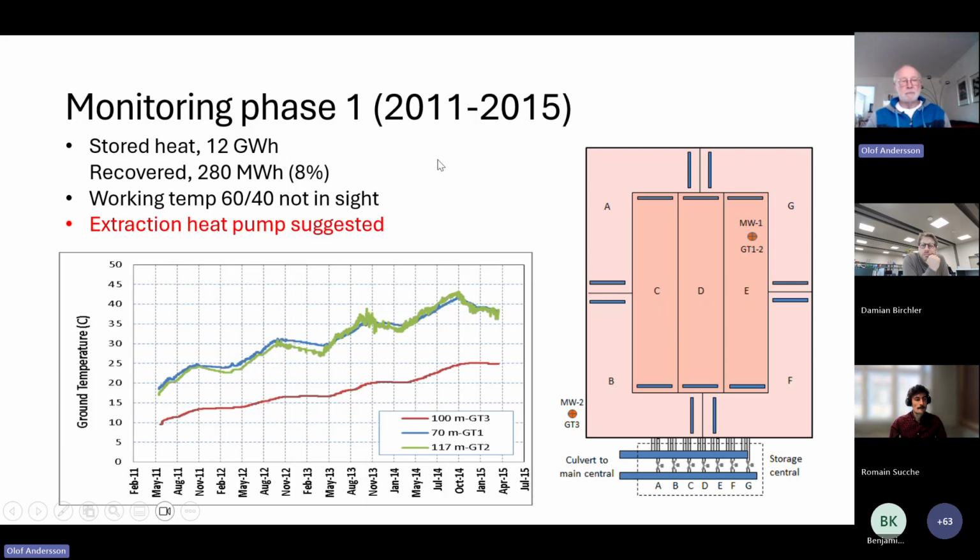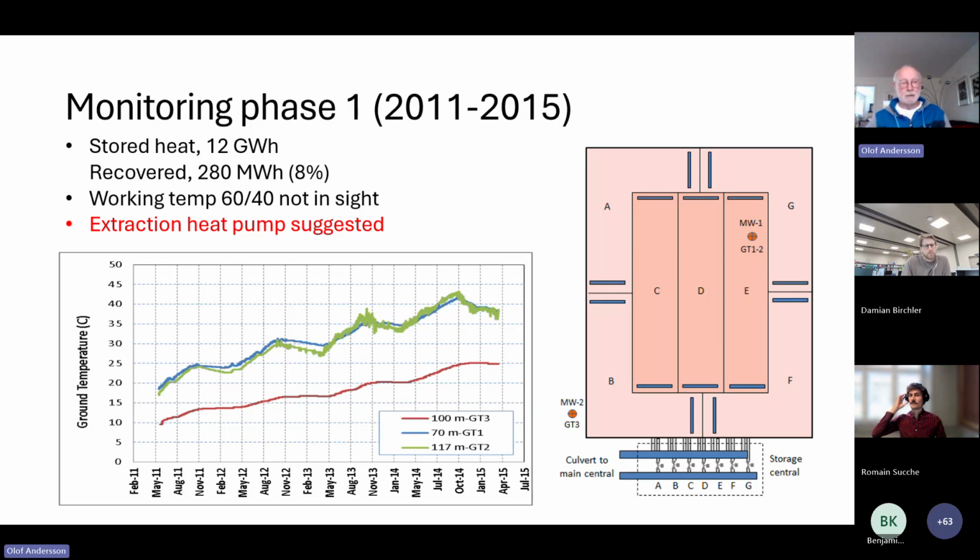During this period, we stored 12 gigawatt hours of heat, but we recovered only 8% of that. And the working temperature that we thought we should use was not in sight.